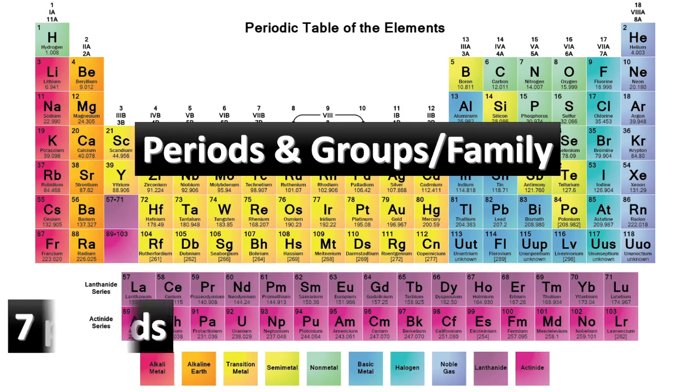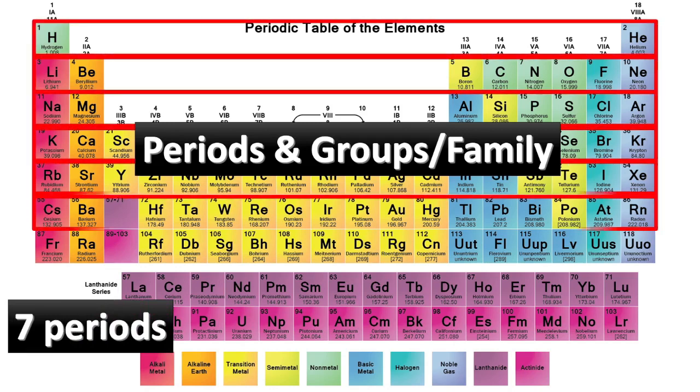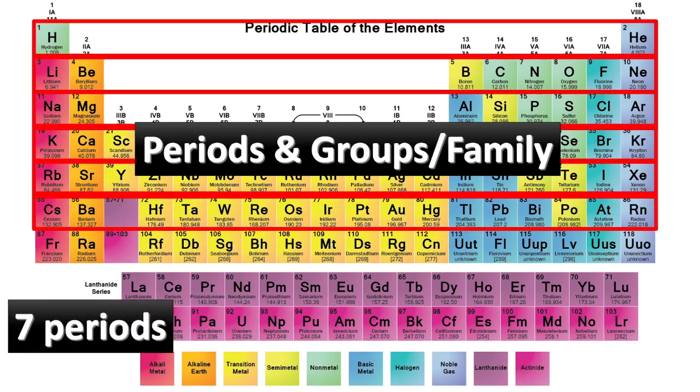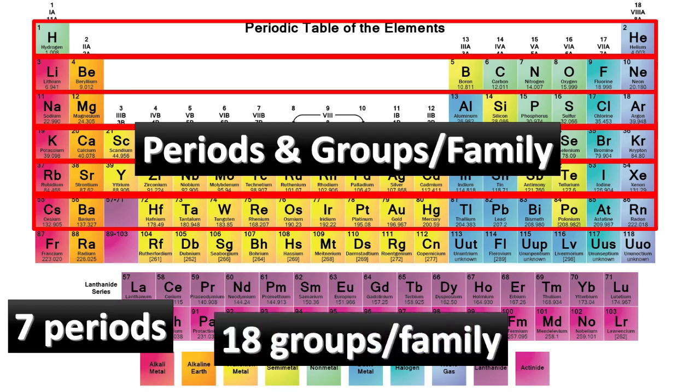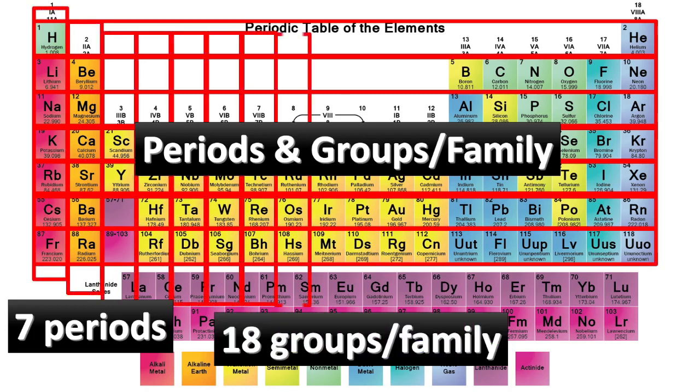And there are 7 periods in the periodic table. While the group or family is the elements that are placed in a vertical arrangement. There are 18 groups or families in the periodic table.